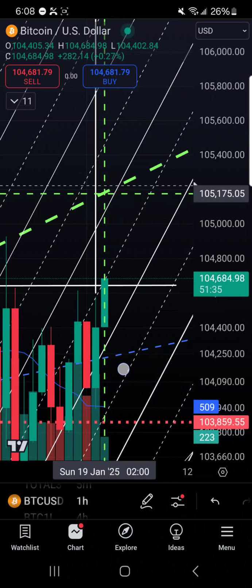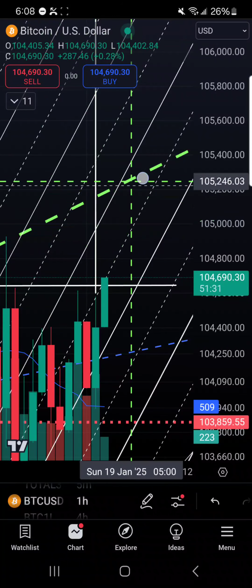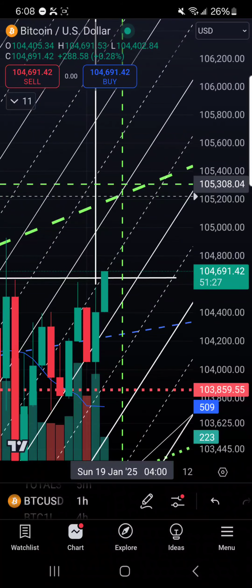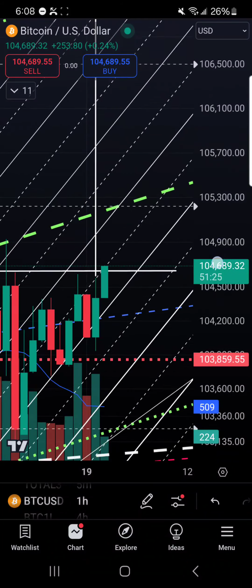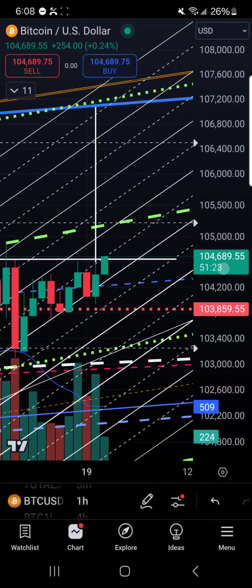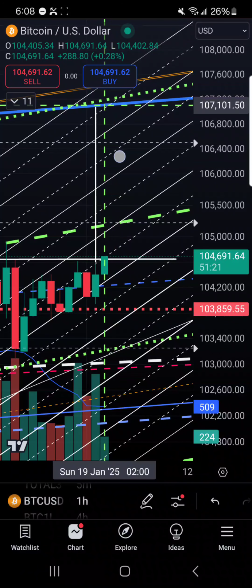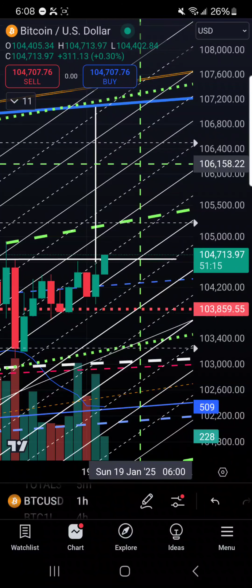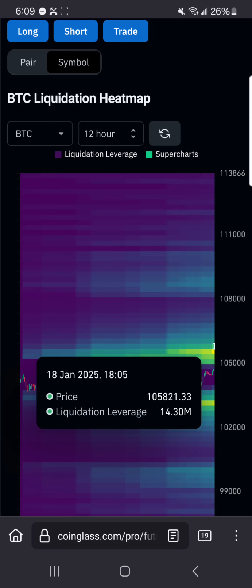We would be hitting that liquidity right there at 105-ish at the center line of this green channel. Might push us through there if we did get to that point. Could it push us all the way up here to 107 to our target? Let's go back and look at the liquidity. Well, I don't think so.